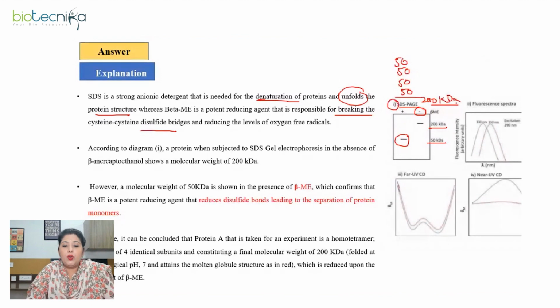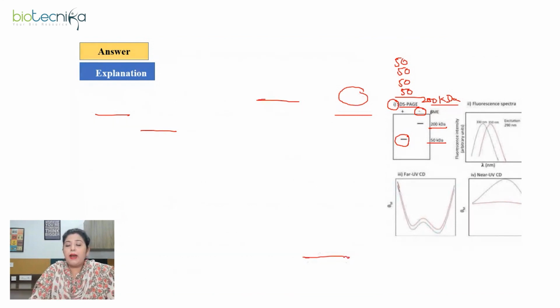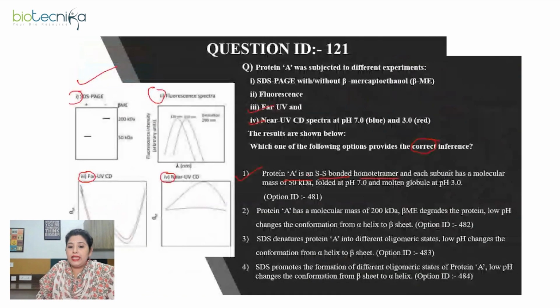So yes, it is right that protein A is a homotetramer made up of 4 identical subunits, with a final weight of 200 kilodalton. The second part of option 1 says each subunit has a molecular mass of 50 kilodalton, folded at pH 7 and molten globule at pH 3.